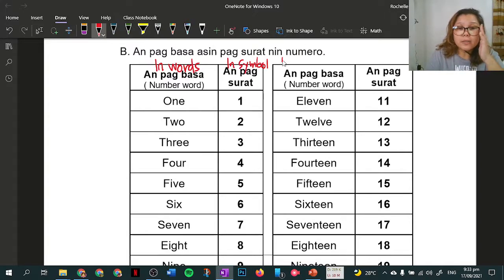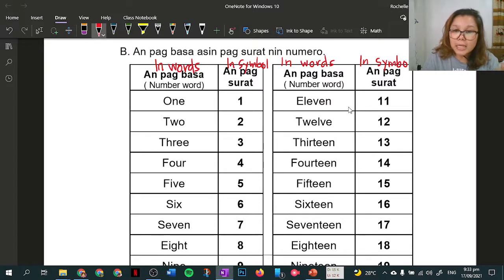So why is it that we need still to understand how the numbers are written in words, even if you know now how to write them in symbol? Kasi later on, we are going to use that even when you are older, even when you are adult. Kasi usually sa bank, sa store, ang receipt, aside from it is written, the amount is written in symbol, meron ding written in words.